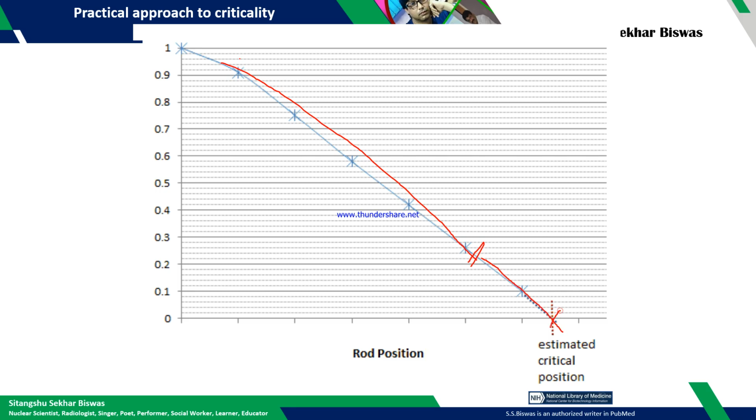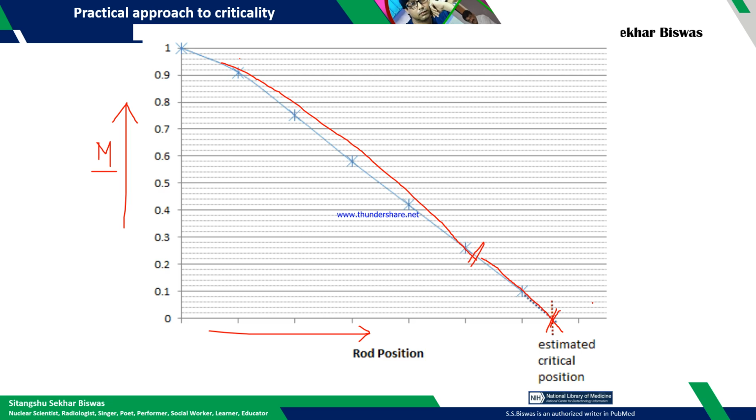Where the extrapolated line cuts the x-axis, here the x-axis is the control rod position and this is the inverse multiplication factor, that position of the absorber rod is where criticality will be obtained.